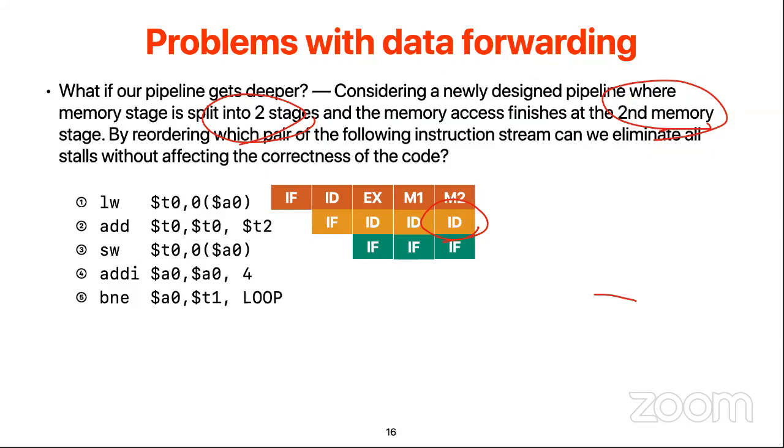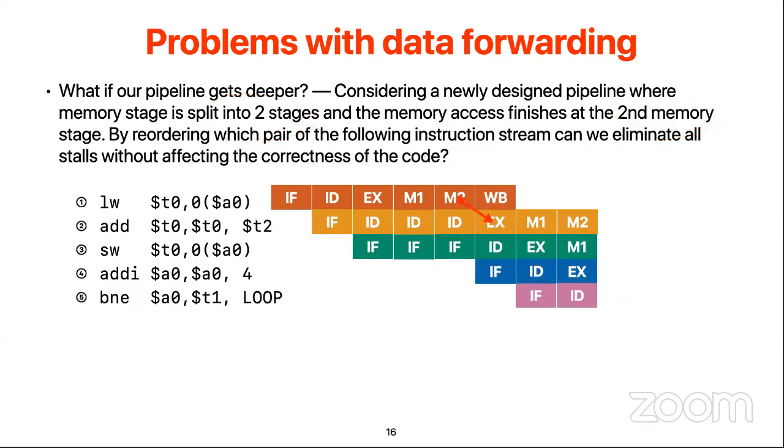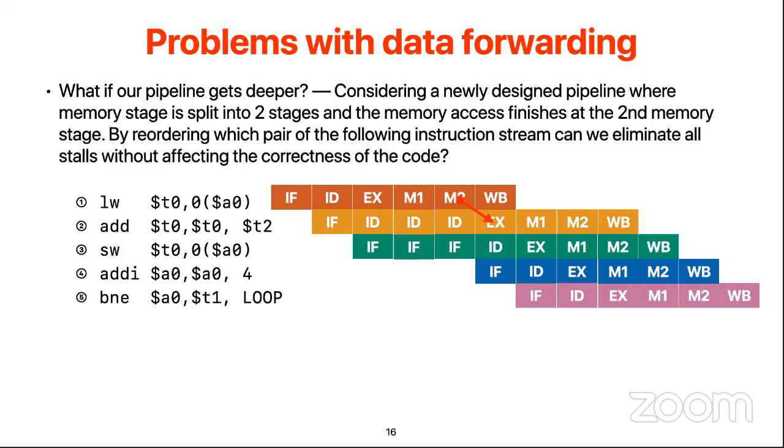So data forwarding doesn't really solve all the problems, because if your hardware changes, you have to redesign your hardware, and you can never generate the output earlier, because that's just the nature that you have to wait, right? So that's how you draw.